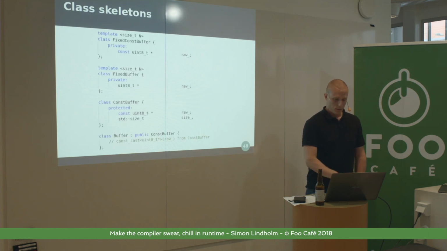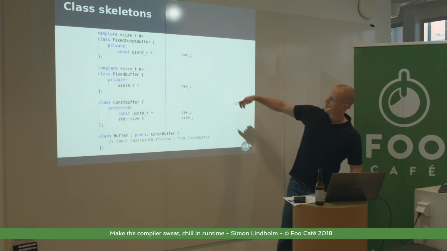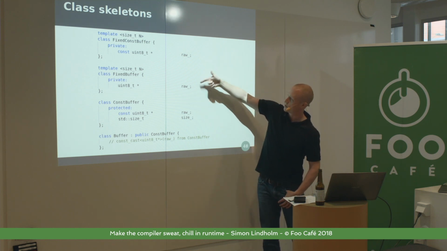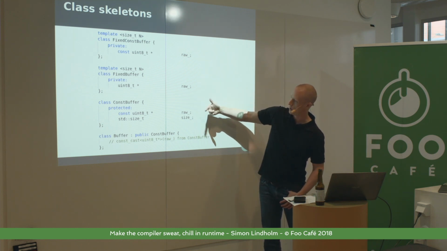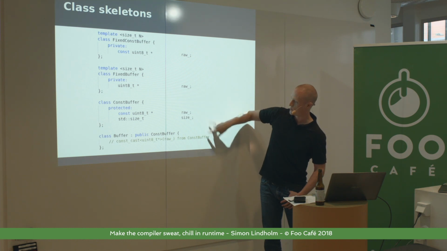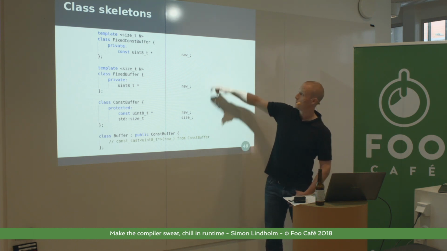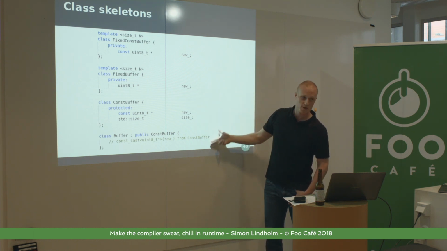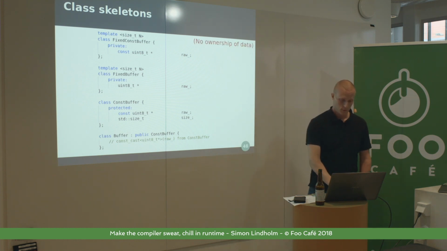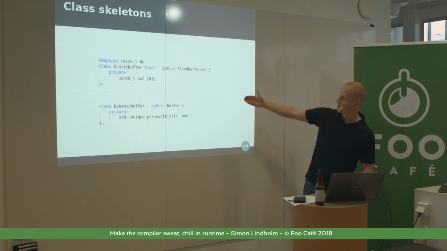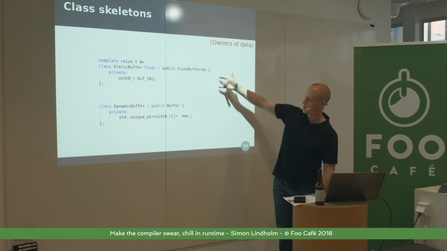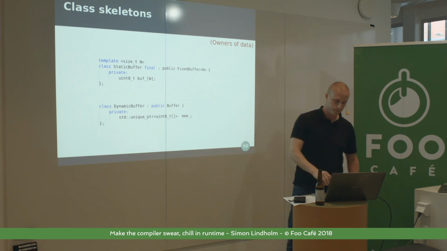So it looks something like this. You have a single const pointer, a single non-const pointer. You have a const pointer and a size, and this is basically the same, so pointers plus size. And these don't own any data. And these two, they own the data, and here you have just an array and just a unique pointer.